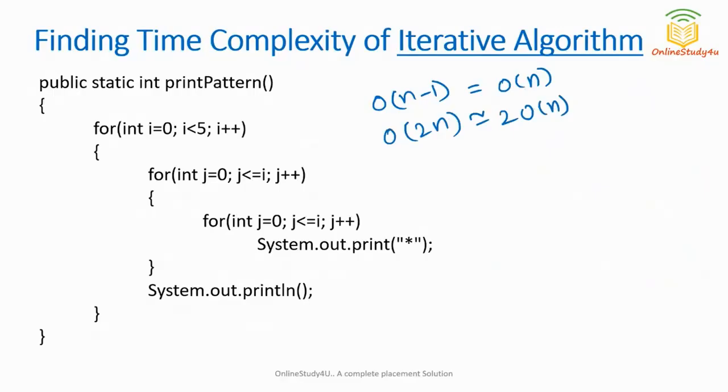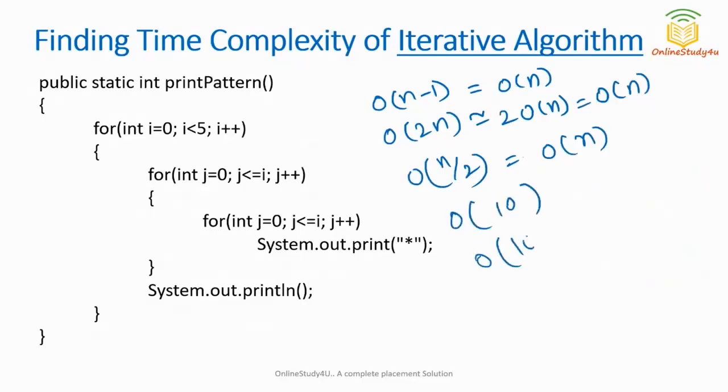Whenever I say order, just understand that it is big O of n, because I have a habit of saying order. If we have something like big O of n by 2, this can be considered as big O of n. Now if we have something like big O of 10 or big O of 1000, this is nothing but big O of 1, and it can be easily ignored if we have more terms in n.